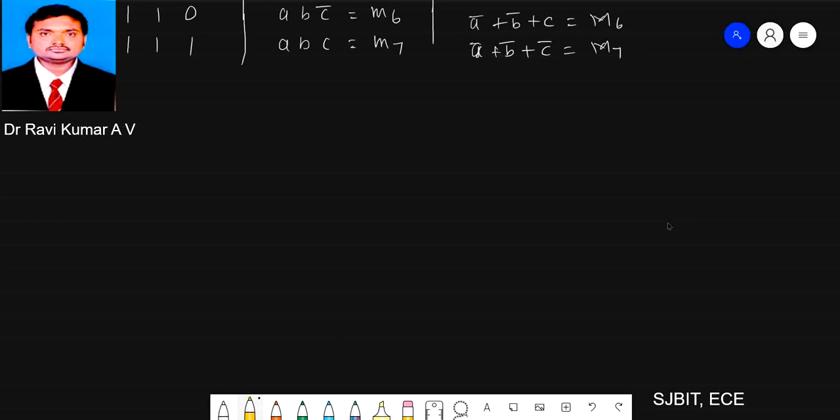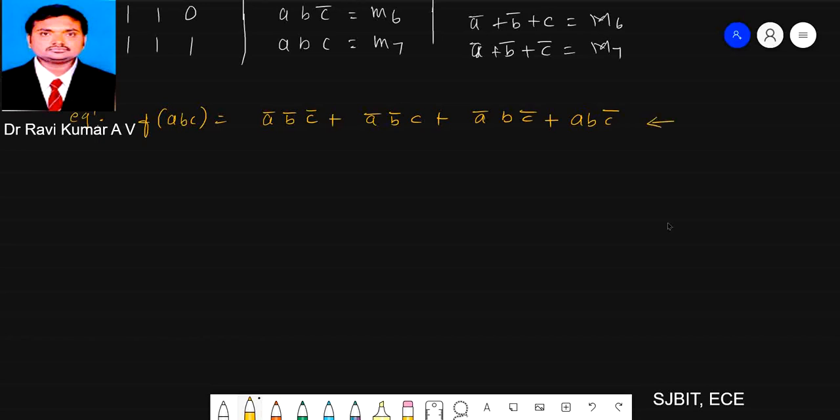Let's say the example f of ABC is equal to A bar, B bar, C bar plus A bar, B bar, C plus A bar, B, C bar plus A, B, C bar. First we need to check that this equation is in standard form.